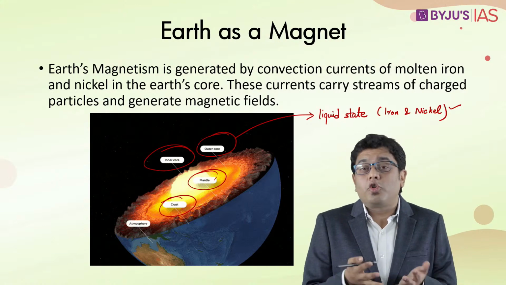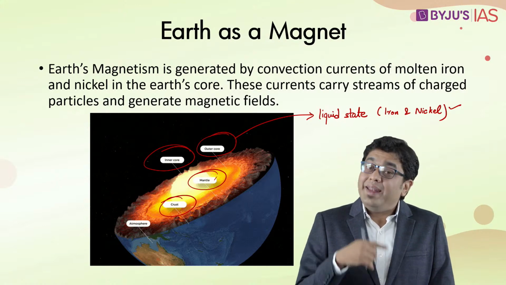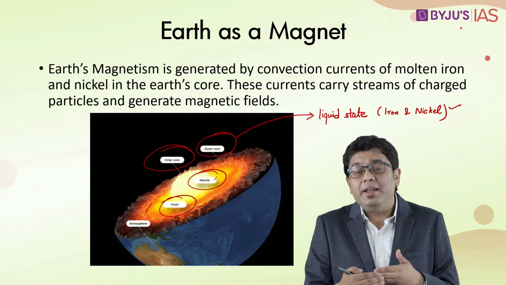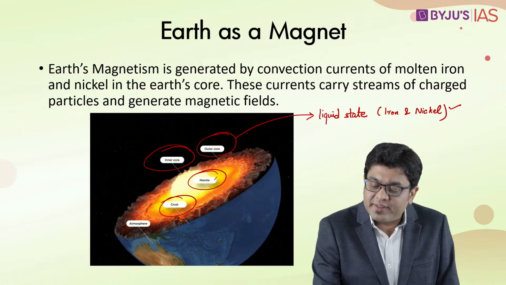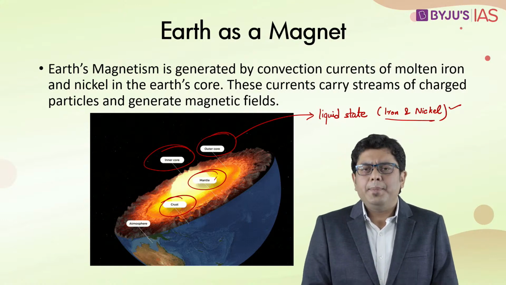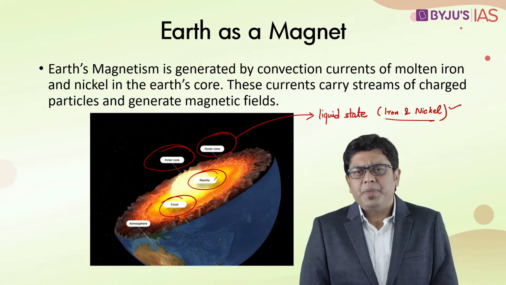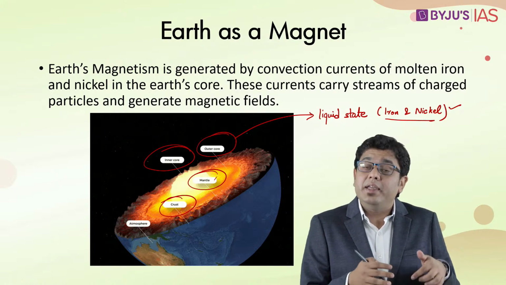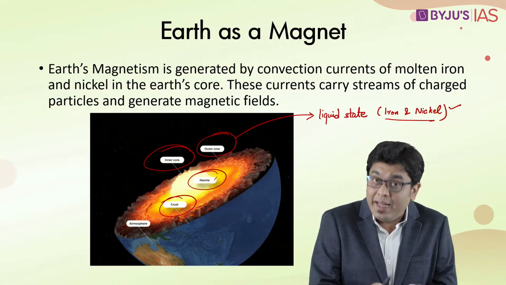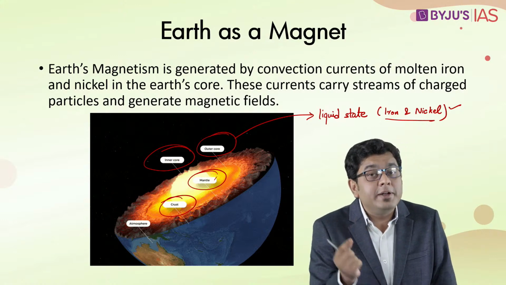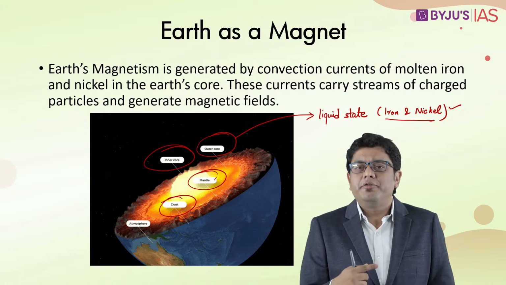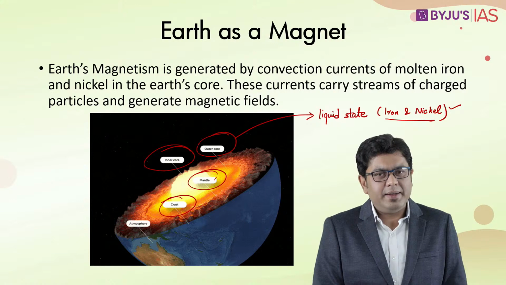But this outer core, being in a liquid state, when it continues its rotatory motion, a magnetic field is induced because of the presence of these minerals, iron and nickel. Putting it in a simplistic manner, as the outer core keeps rotating around the axis, being in a liquid state, that means movement of liquid ions in a circulatory motion, and that is enough to induce a magnetic field.